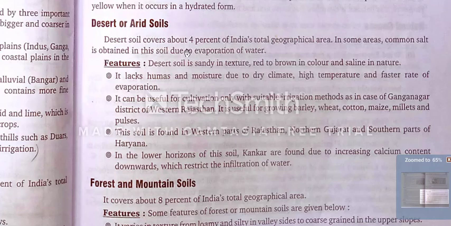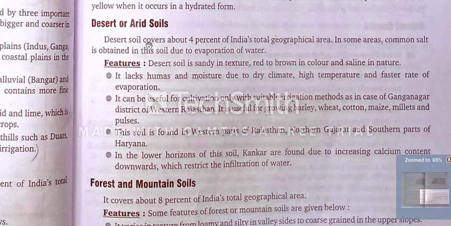Desert soils cover about 4% of India's total geographical area. Whatever area we have in India's total geographical area, we have 4% desert or arid soil.